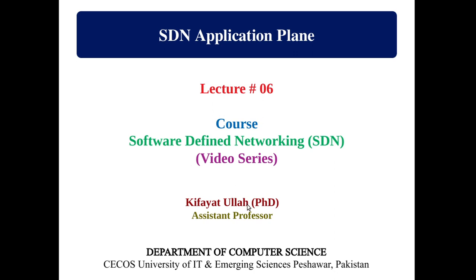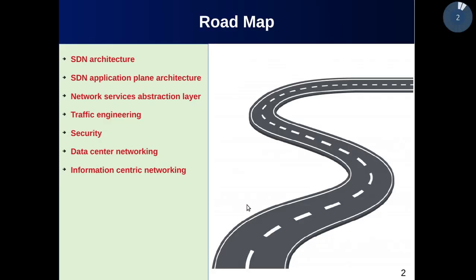Here is a brief roadmap for this lecture. We will start by providing an overview of the SDN architecture, and this is the first topic of our journey into the world of SDN. So we will have a recap of the SDN architecture and the different layers of the SDN architecture.